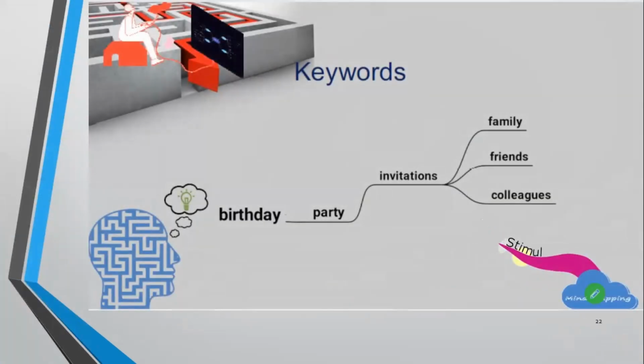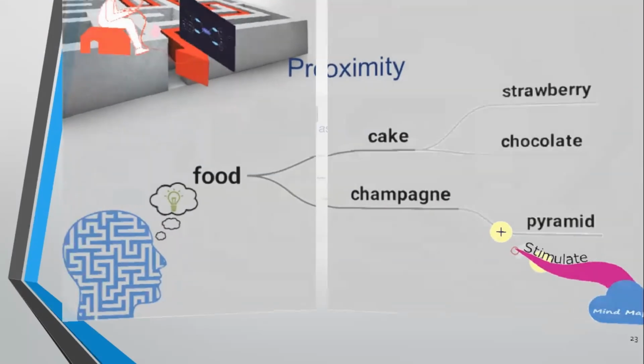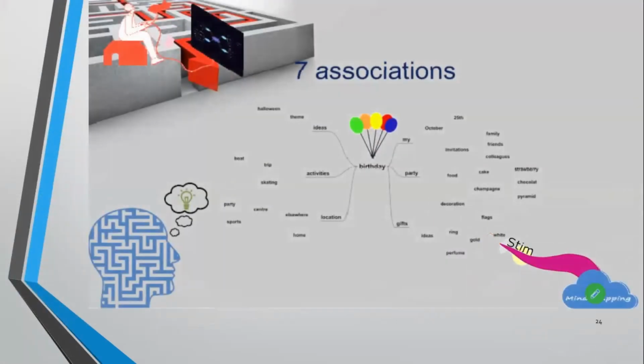Then the important keywords and the proximity, what types of keywords we are going to use, and all the associations. So these are the essential parts which are very important.